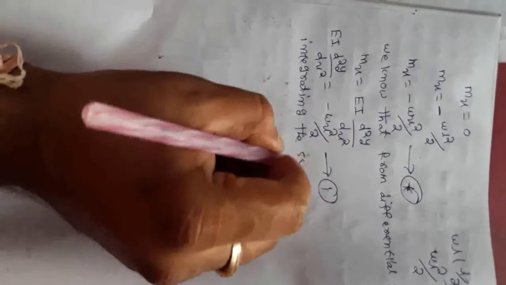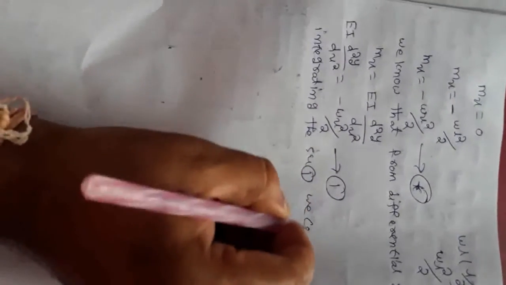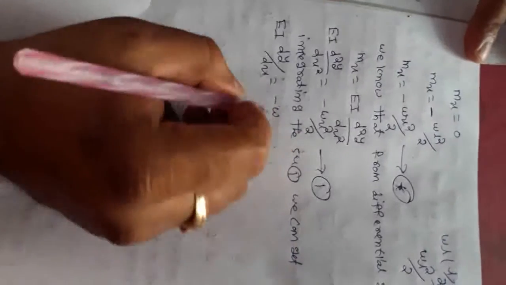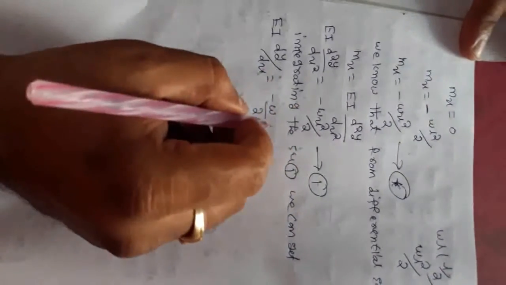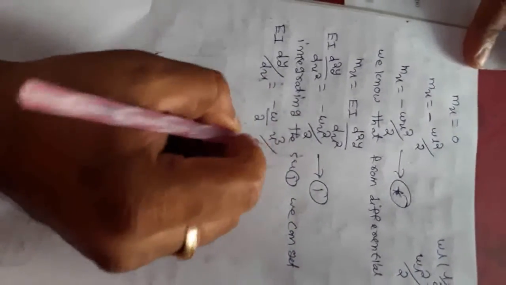So first, integrating equation 1, EI is the constant value. d square y by dx square integrates to dy by dx, and next minus W by 2. x square integrates to x cube by 3, plus C1, the constant value.